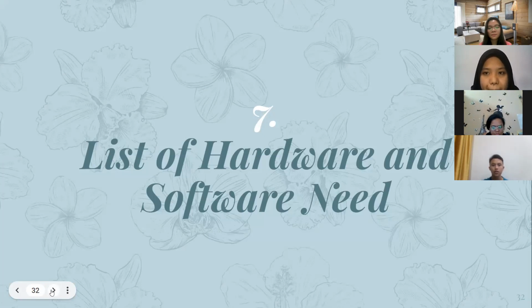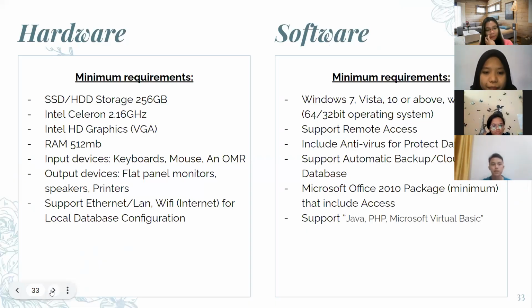Thank you, Fazrina. The next topic is the list of hardware and software needed. For the hardware, the minimum requirements are: first, SSD or HDD storage with 256 GB. The second is Intel Celeron, 2.16 gigahertz.